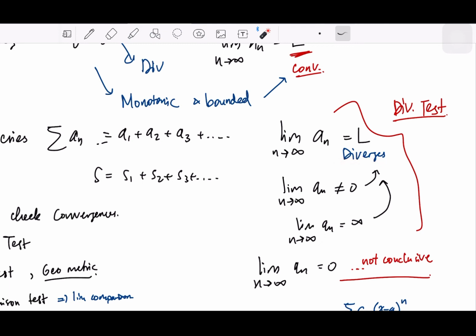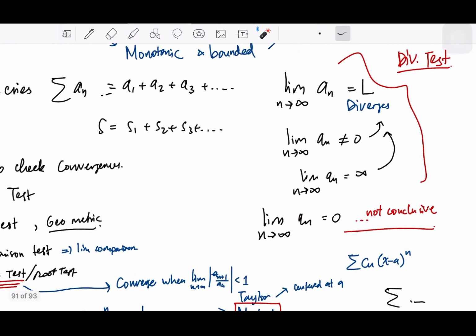Also if we take a limit and it's not equal to 0, we can say generally it's diverged, or if it is infinity, it's also diverged. But what happens if we have this limit equal to 0? It's not conclusive, as I mentioned in the lecture, and you can review your notes on why this is not conclusive.